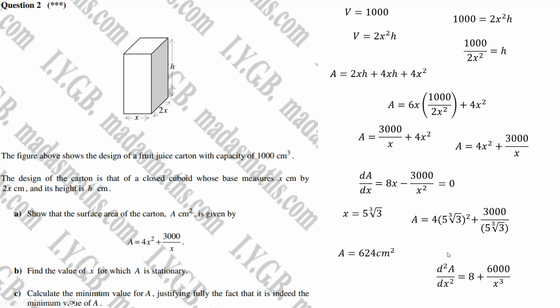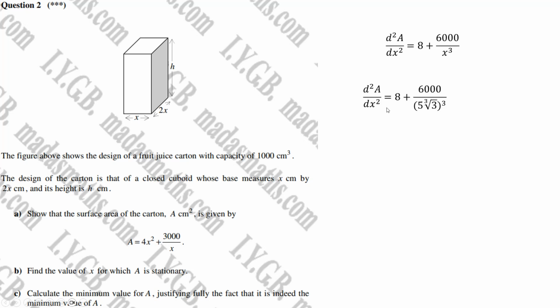And then you've got the 8 here. Plug your value for x into it, which is, remember, 5 cube root of 3. Solve it to get this, which is positive. And because it's positive, it's going to be a minimum, because when the second derivative is larger than 0, you've got a minimum point. So x is therefore going to minimize A.